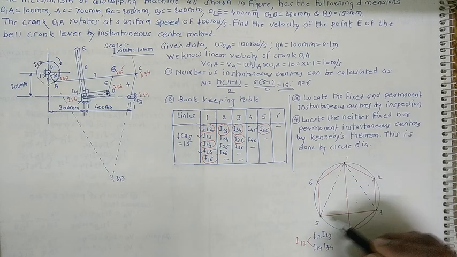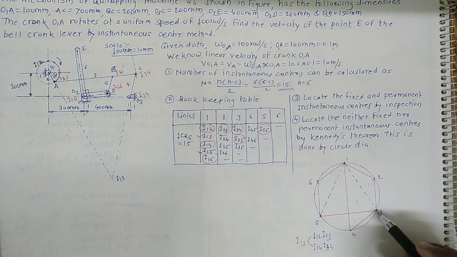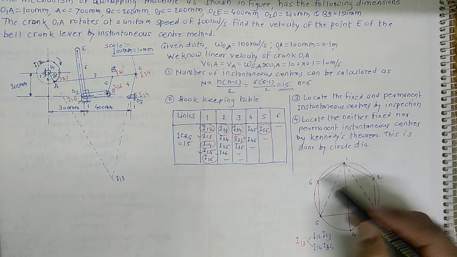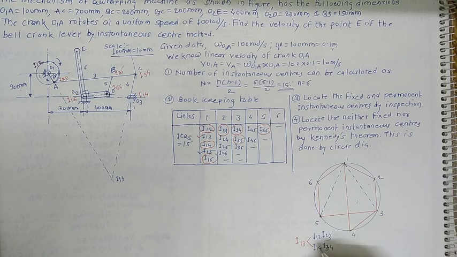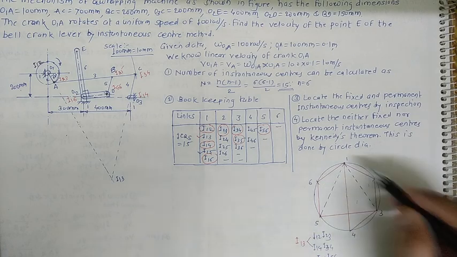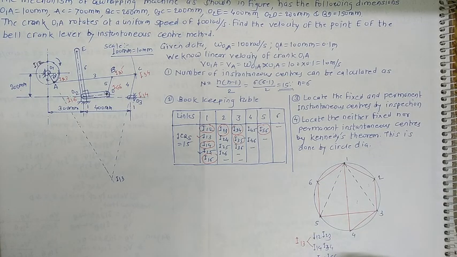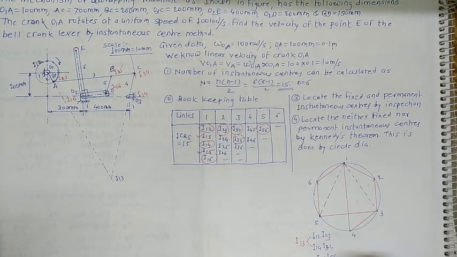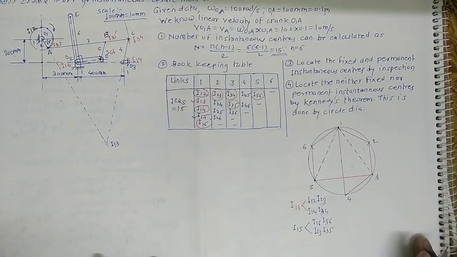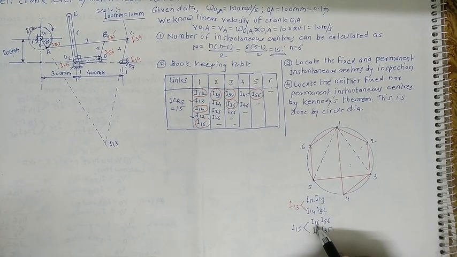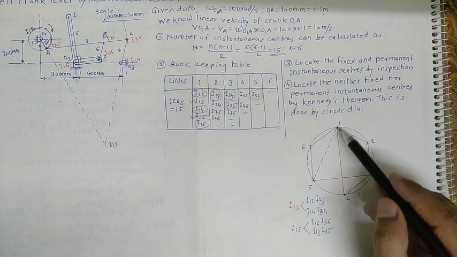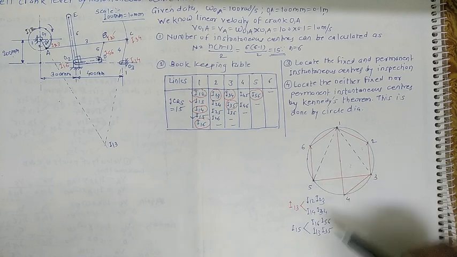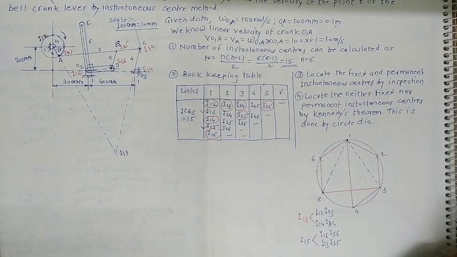One can take this combination: I13, I35, I16, and I56. So I15 is the intersection of I16-I56 and I13-I35. In this way you can get the guideline or path to draw the I15 point.